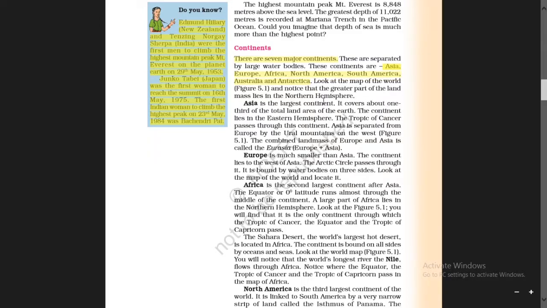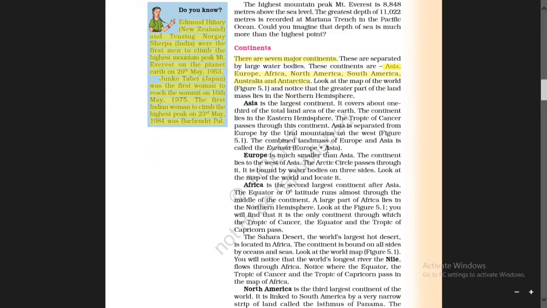Asia is the largest continent. It covers about one third of the total land area of the earth. The continent lies in the eastern hemisphere. The Tropic of Cancer passes through this continent. Asia is separated from Europe by the Ural Mountains on the west. In figure 5.1, the combined landmass of Europe and Asia is called Eurasia.